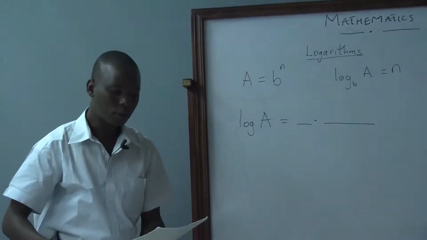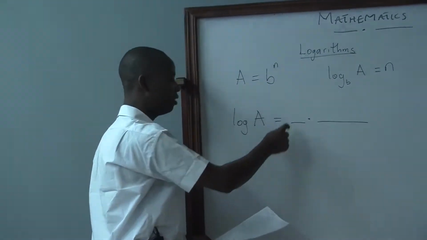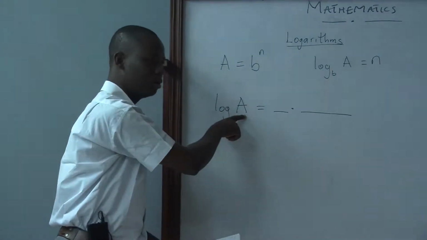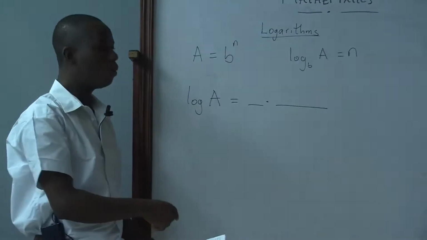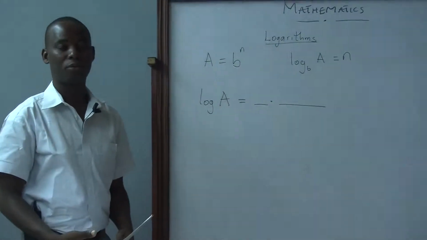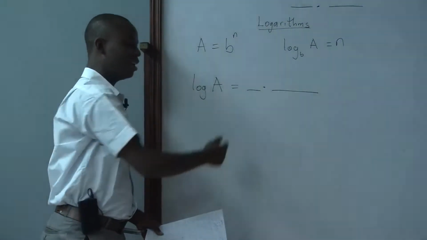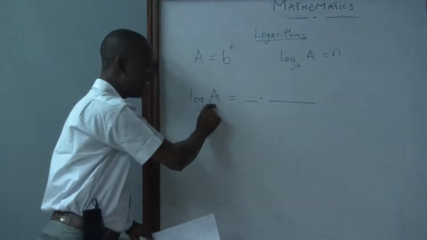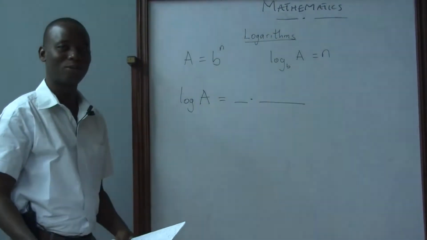Now, if we have log a, our characteristic is going to be deduced from the number a itself, while our mantissa is what we're going to look up from our standard table. Again, the characteristic is a value we deduce from the value a itself, and the mantissa is what we get from the standard table.